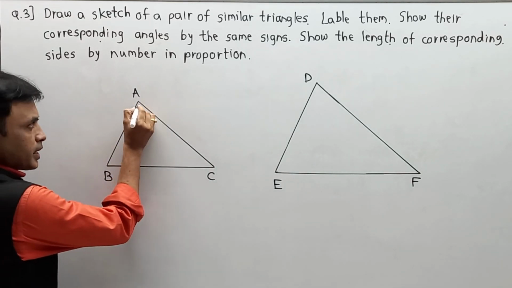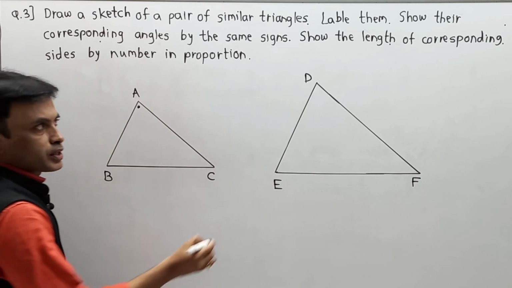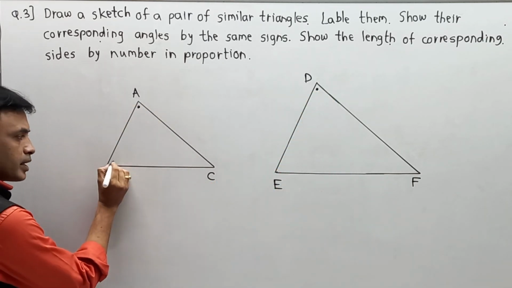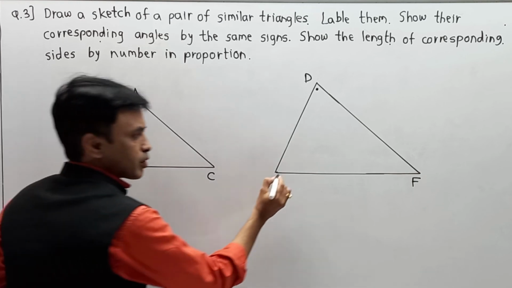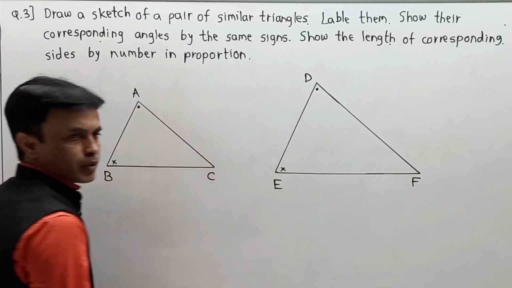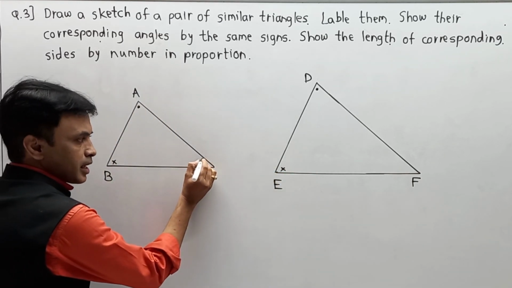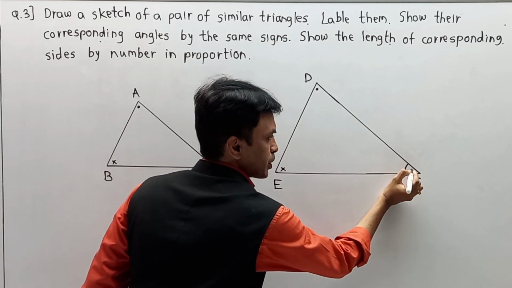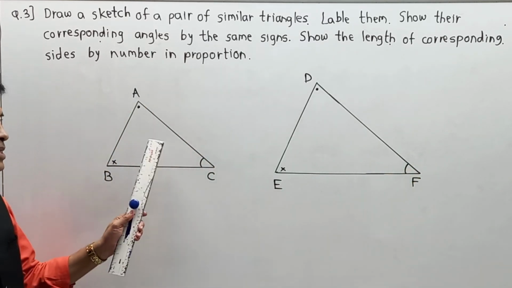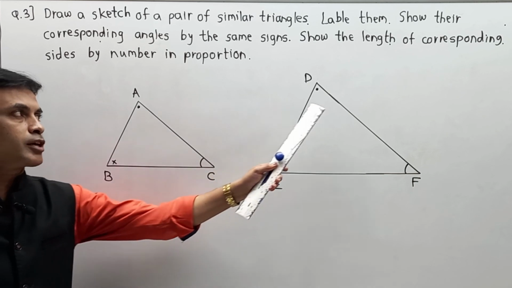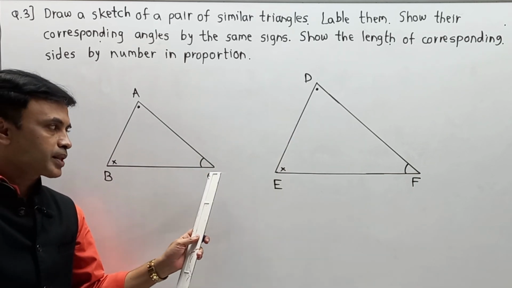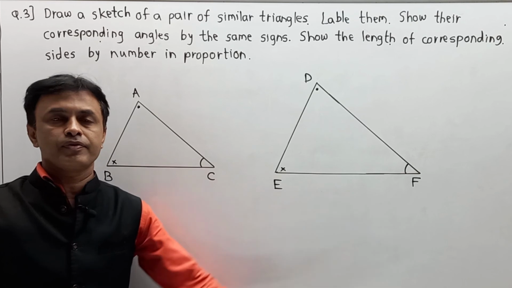I am going to indicate angle A with a dot, which is equal to angle D. Next, angle B with a cross is equal to angle E with a cross. And angle C, I am going to make a curve, is equal to angle F with a curve. This is a symbolic presentation that angle A equals angle D, angle B equals angle E and angle C equals angle F.